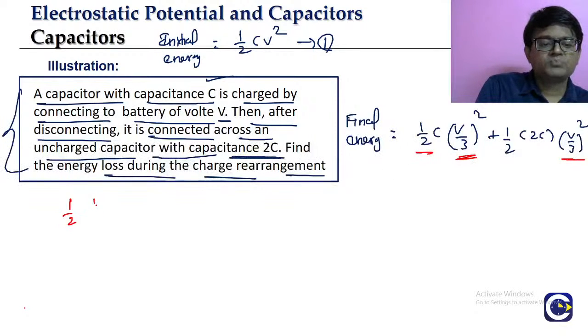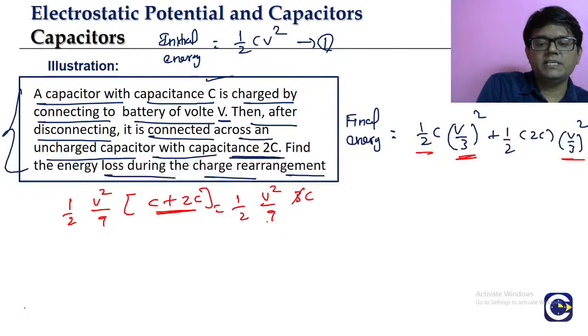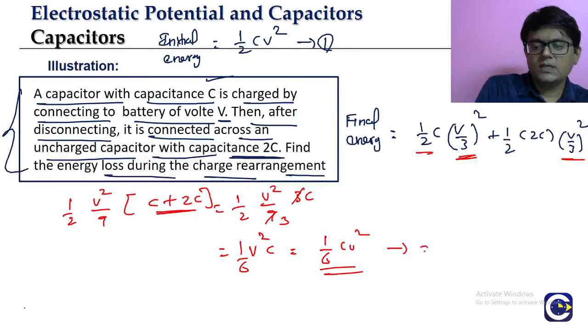Half into V square by 9. Taking common, what will you have? C plus 2C, which is 3C. So half V square by 9 into 3C. 3 ones are 3, 3 threes are how much? 1 by 6 into V square into C. This is 1 by 6 CV square. Let us keep it as equation 2.